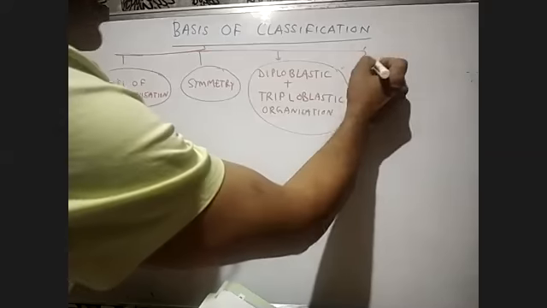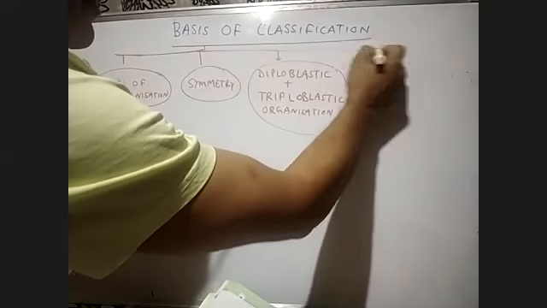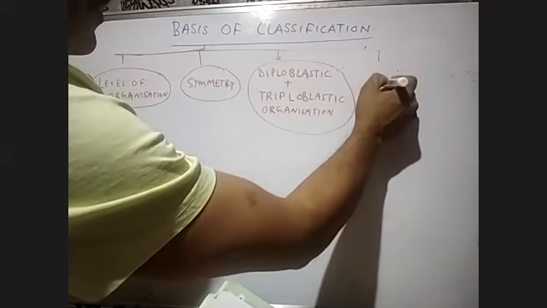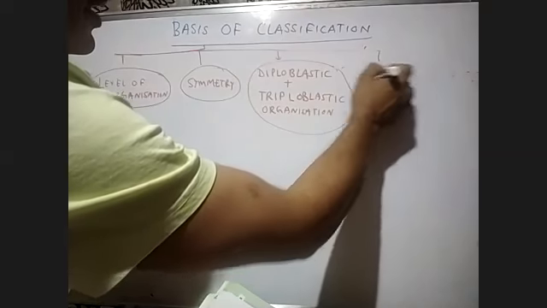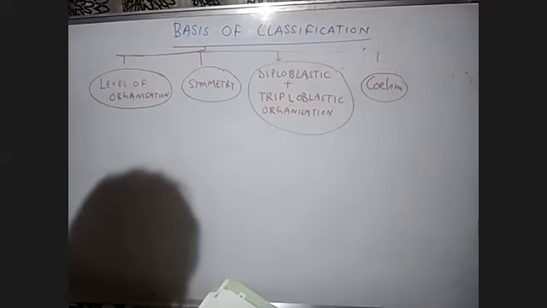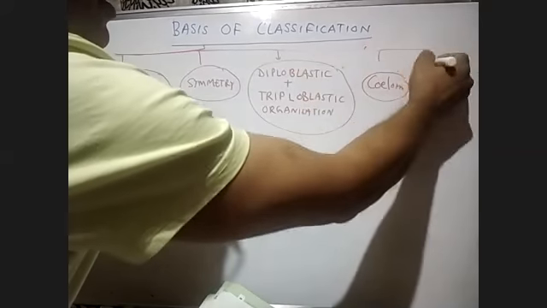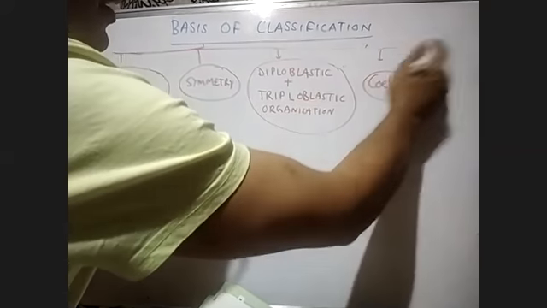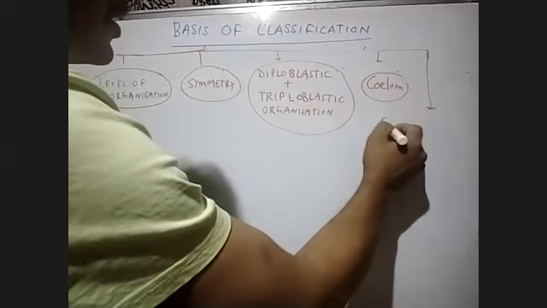Then another one will be coelom, C-O-E-L-O-M, presence or absence of coelom. Then we have the segmentation.